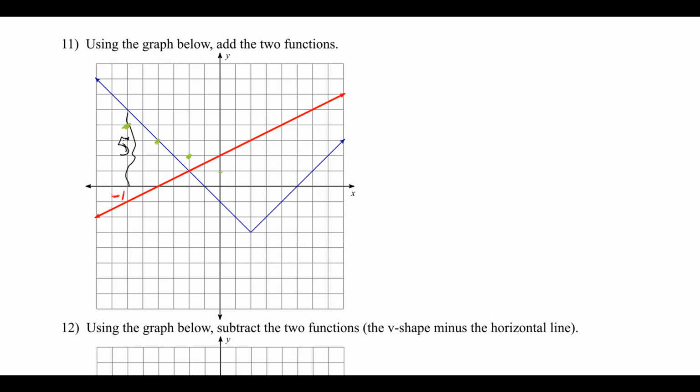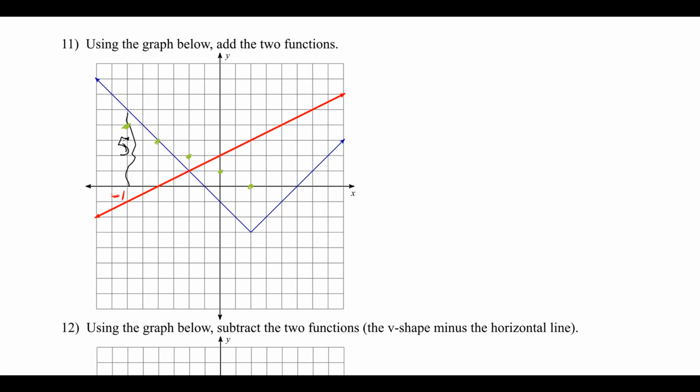Let's definitely do the spot where this changes directions. So like right here, this is 3, and this is -3. So the red graph goes up 3, the blue graph goes -3, down 3. 3 plus -3 is 0. So the green graph is going to be at 0.